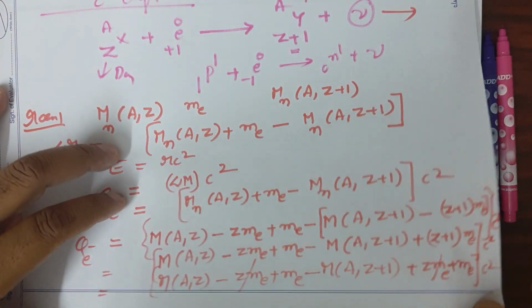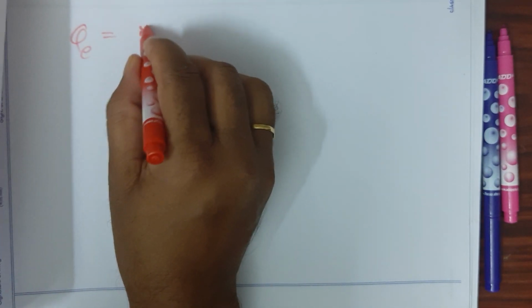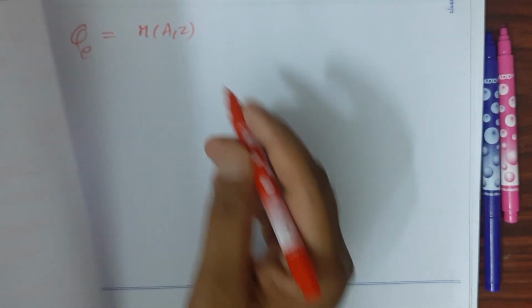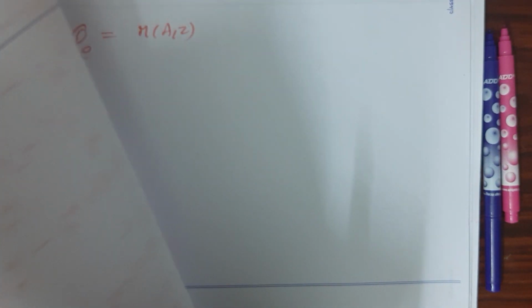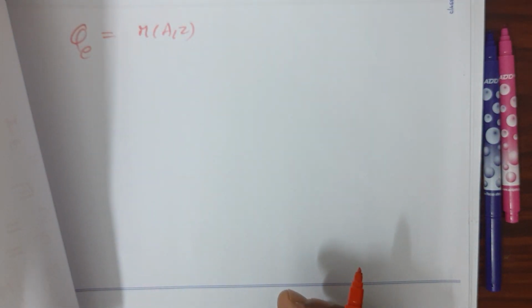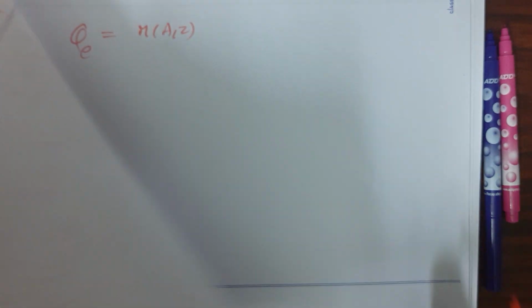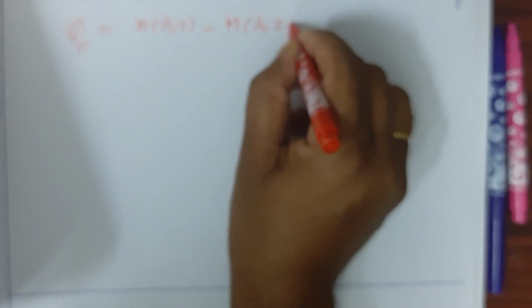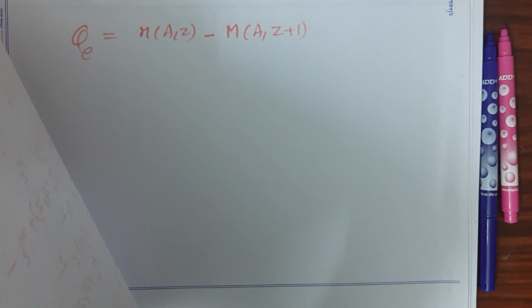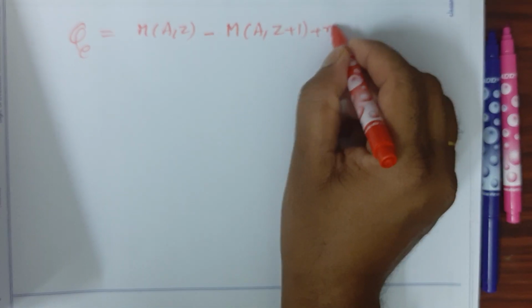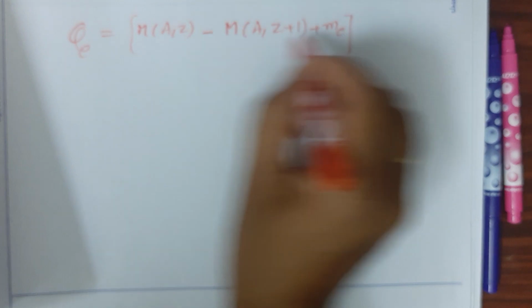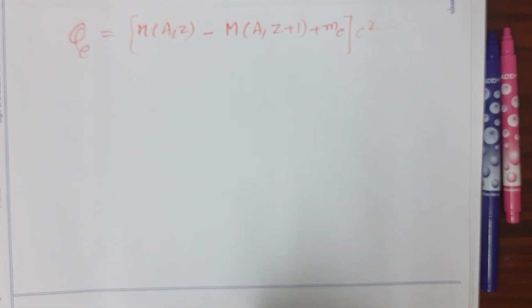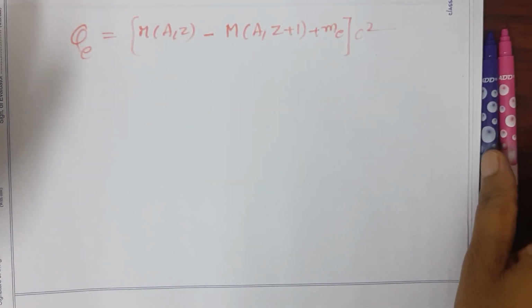So what is left? Then QE equals M of AZ minus M of AZ plus 1 plus Me into c square. So this is the disintegration energy of electron capture.